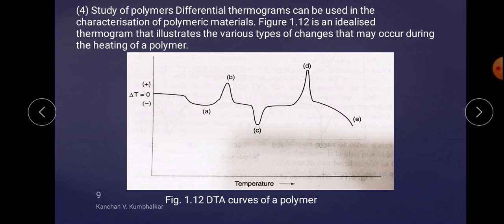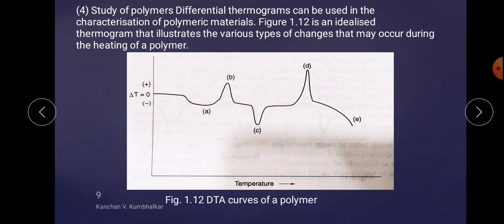In this curve, the baseline shift A corresponds to the glass transition temperature. So point A indicates the glass transition temperature.